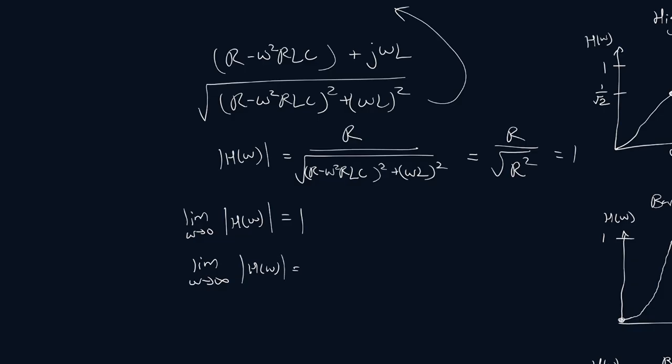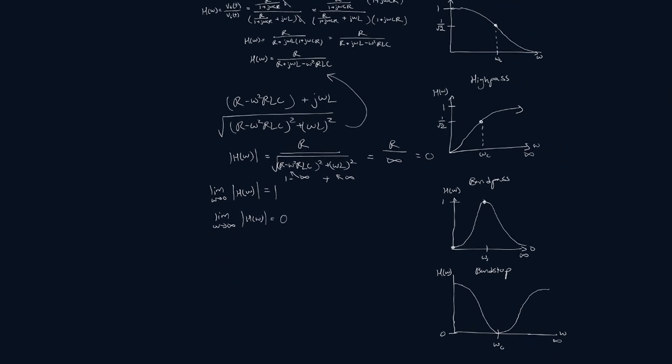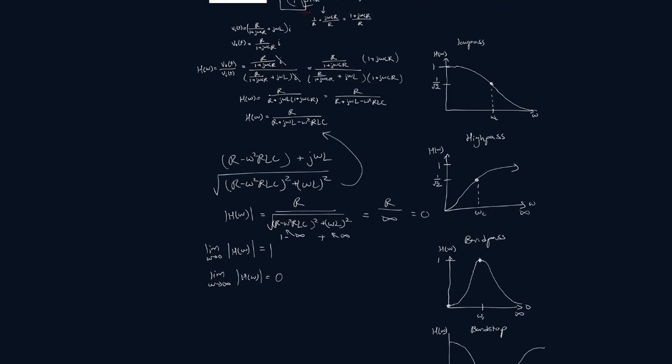This goes to infinity, and this goes to infinity as well. This is just 1 minus infinity, but then we also add this infinity here. So this will just be over infinity, which will just be 0. And now we see the low pass one matches this. So this is actually a low pass circuit.